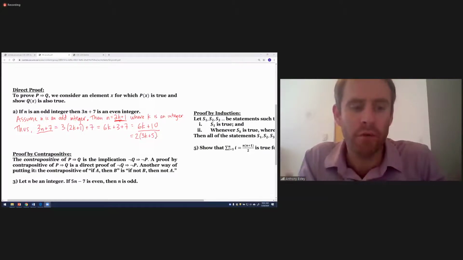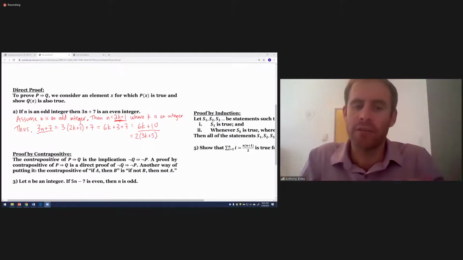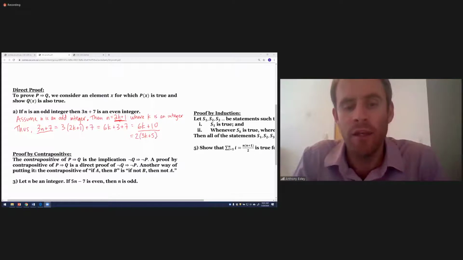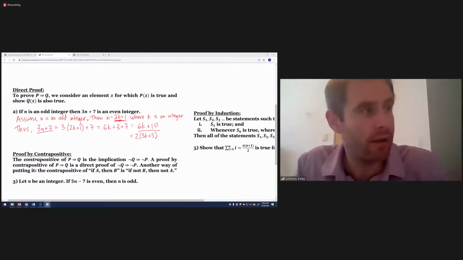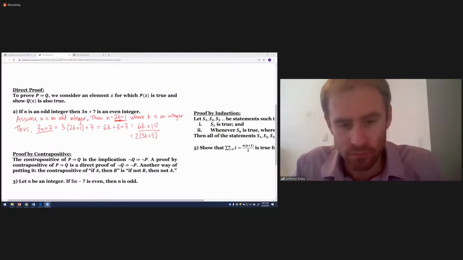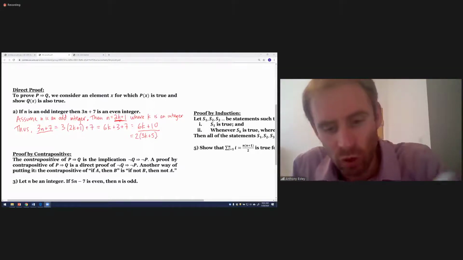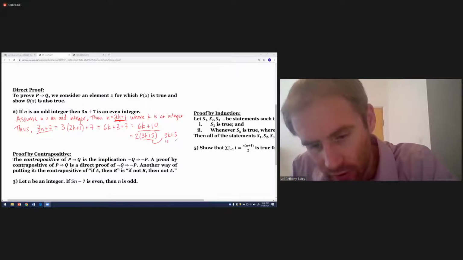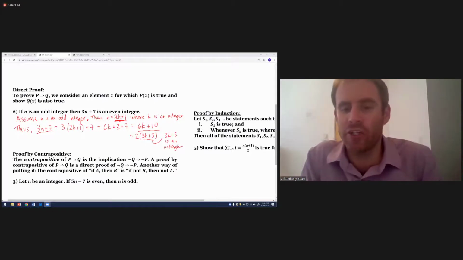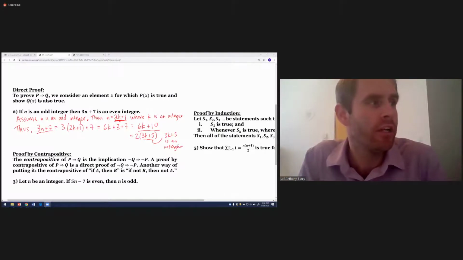When we first assumed n was odd, we said that we can write n as 2k plus 1 because multiplying anything by 2 will produce an even number. But now we know that 3k plus 5 is an integer. If k is an integer, then 3k plus 5 is going to be an integer.